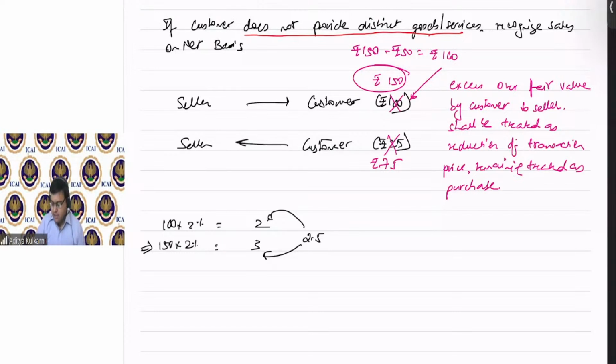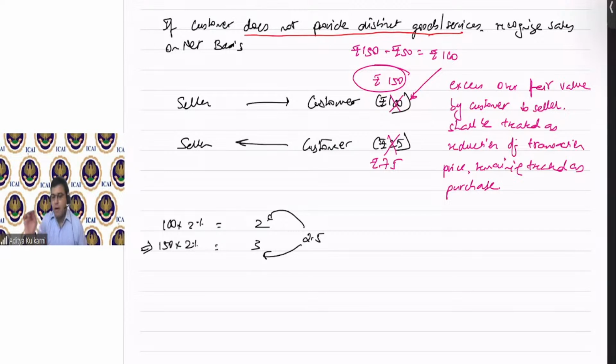Now the question is, sir, instead of 75, can't we take 25 and make it 150 minus 25? No. See, understand, if you are providing distinct goods and services from customer to the seller, that should be at fair value.